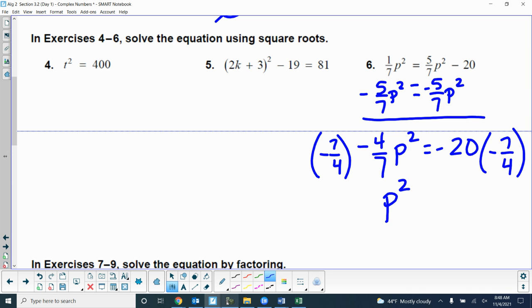So it's just p squared. That's what I want, right? When I multiply negative 20 times negative 7/4, I can take the 4 into 4 and the 4 into the 20. So what's a negative 5 times a negative 7?